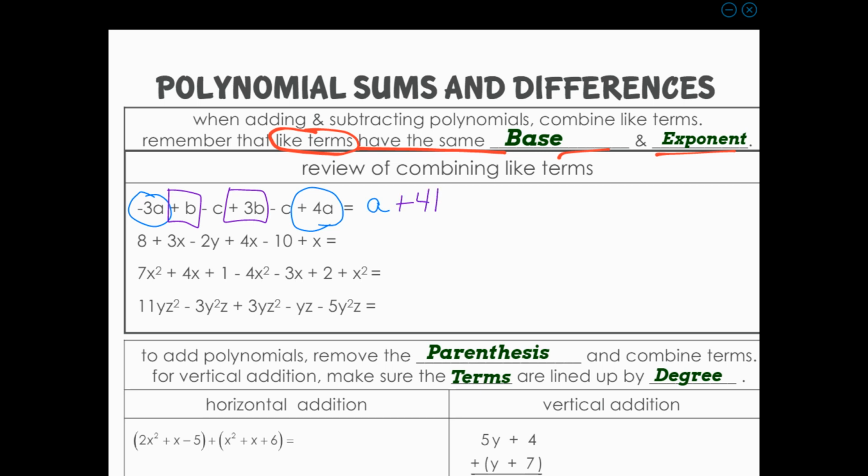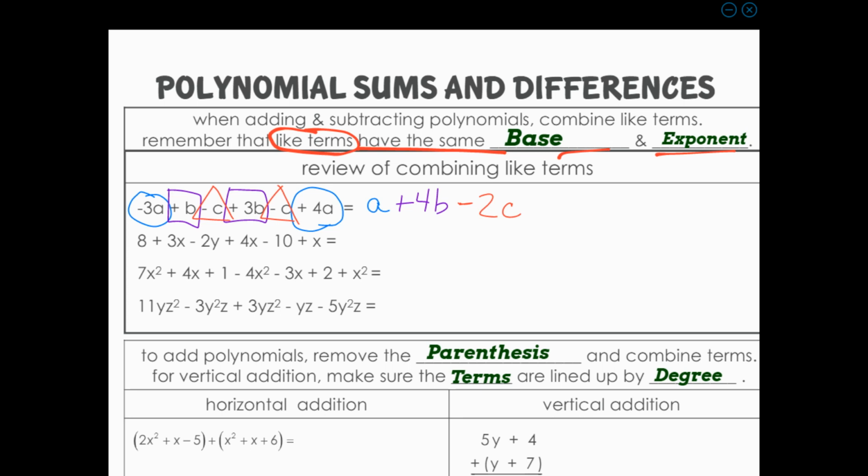So plus 4B. And then I have a negative C and a negative C. Negative 2C. Okay, so that is what you were doing on problem number 1 on that skills check. The very first problem, you were just combining those two x terms to get negative 6x.